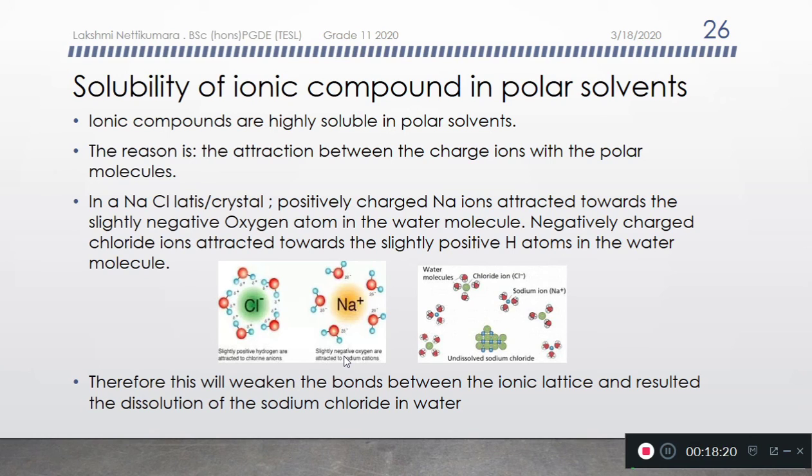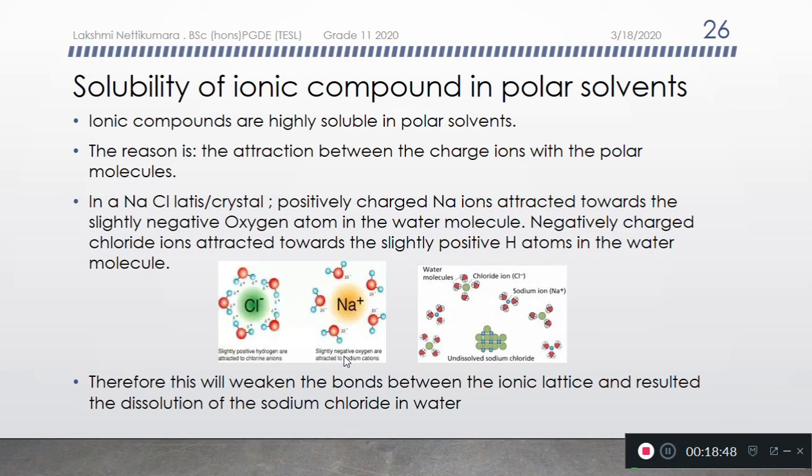For further clarification, let's learn about the solubility of ionic compound in polar solvent. As mentioned in the earlier slide, ionic compounds are highly soluble in polar solvents. The reason is the attraction between the charged ions with the polar molecules.